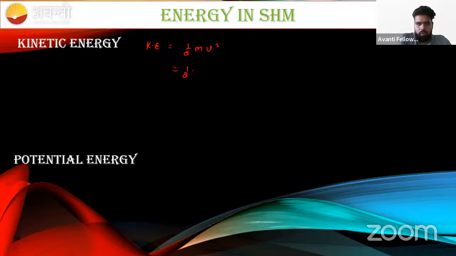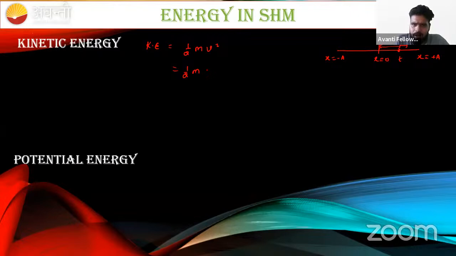What is the speed of the particle at any distance x? If our particle is performing SHM, this is x equal to 0, this is x equal to plus A, and this is x equal to minus A. If at any time t the particle's displacement is x and the velocity of the particle is v, what is the velocity as a function of x?